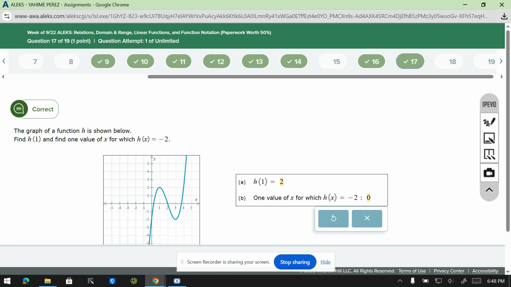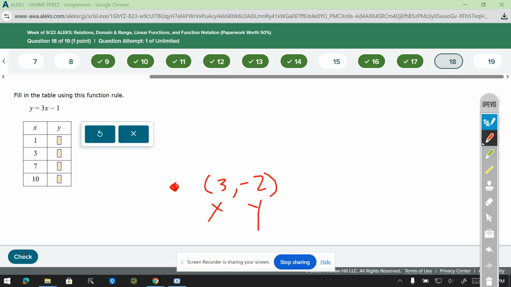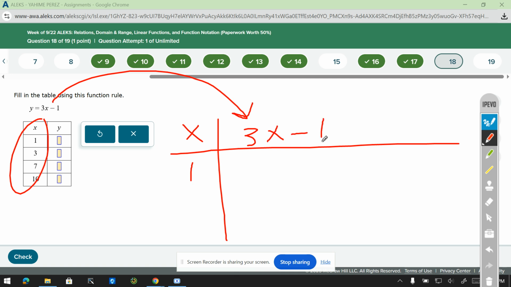Okay, finishing up here, we're almost done. So now we have a function table. So to fill out a function table, all we really have to do is take these values for x and substitute them in to the function to find what y is, right?